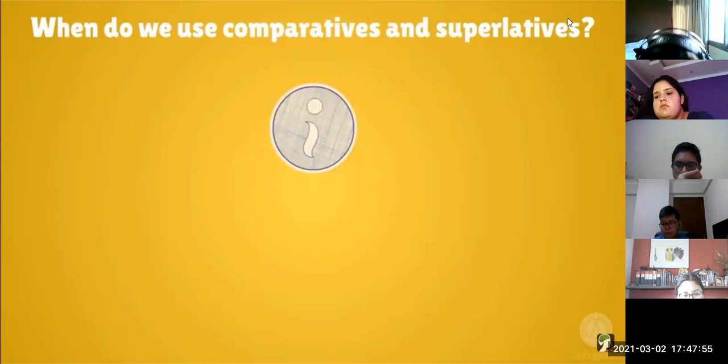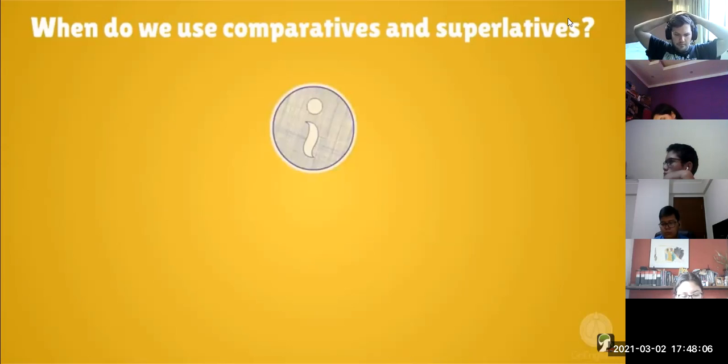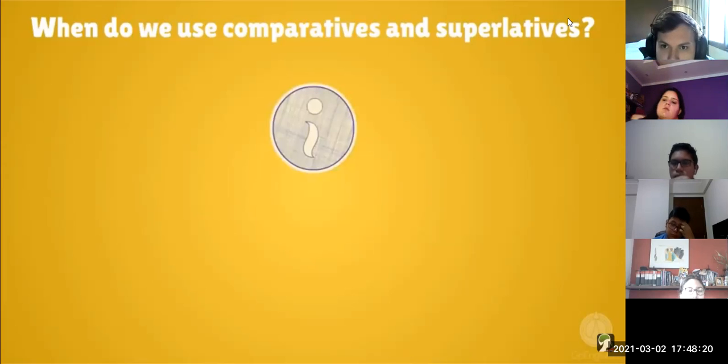Generally, we use comparatives when we are comparing two people, things, or places. Only two. Okay. And we use superlatives when we are comparing one thing with the rest of the group. For example, imagine that I am comparing Nicolas with the rest of the students. So I am comparing him with the rest of the same group.